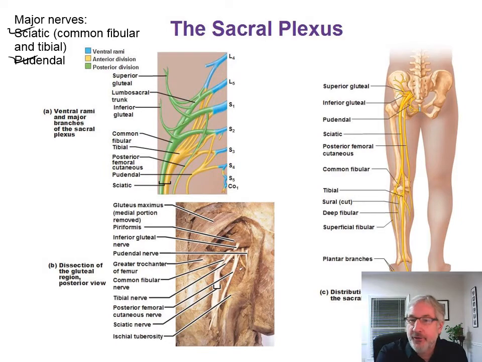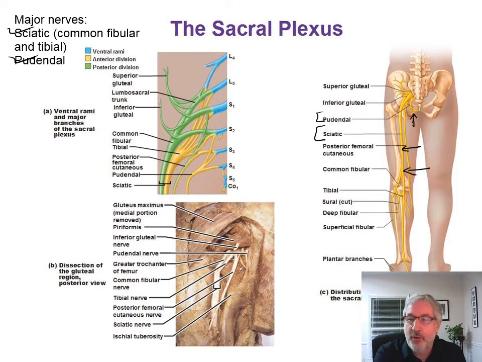The pudendal nerve comes out and innervates muscles of the perineum, so the pelvic floor muscles. Then the sciatic nerve comes down, and this is the posterior view, so the sciatic nerve is here. You can see it splits here.